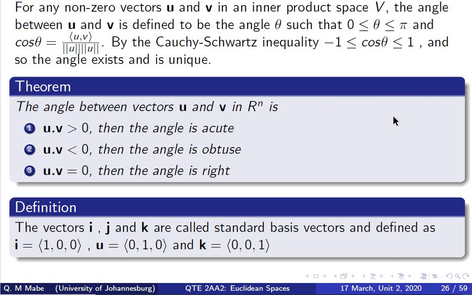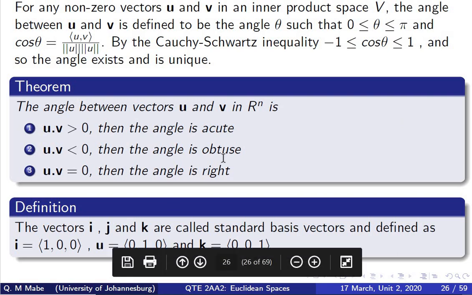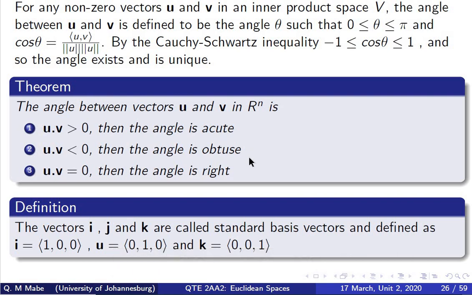But these vectors are quite important, and they are defined as i is (1, 0, 0). It means that we have 1 in the first component and 0 in the second and third. And j, this one should not be u, it should be j. Please take note of that. j is (0, 1, 0), and k is (0, 0, 1).